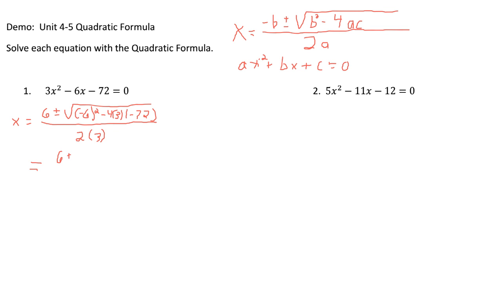Six plus or minus the square root of 540 all over 2 times 3, which is 6.